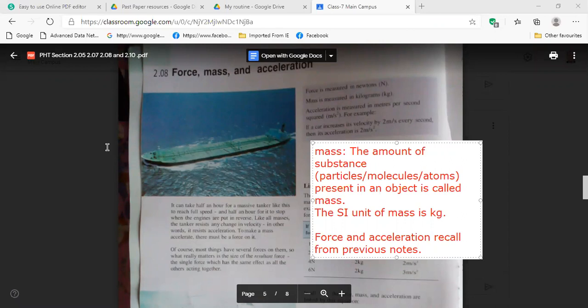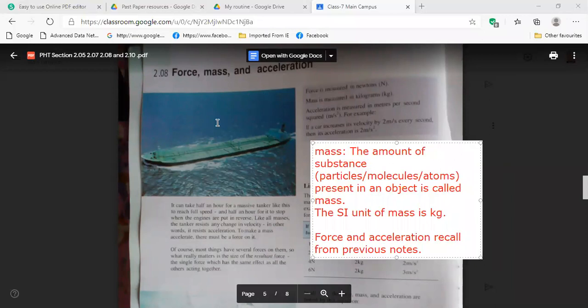If you are pulling the object, then your acceleration will be towards you. Is it clear to you? What about other students? You keep your microphone on, everyone, and respond.